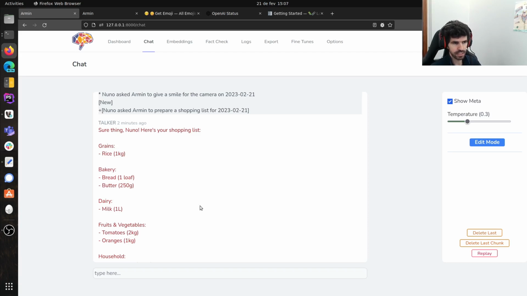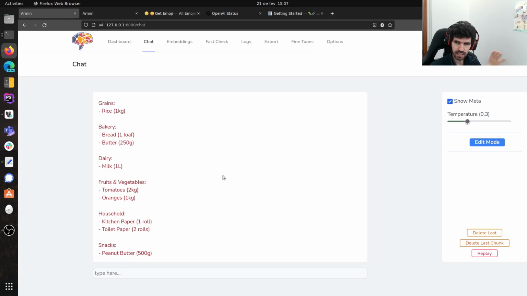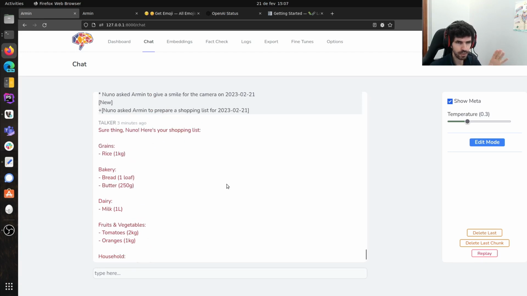Because when I do this 100 times, and we enter that idea of continuous fine-tuning, then even if that memory is not here anymore, the behavior is learned because it's part of the new model. So I think this is really mimicking what a mind does.